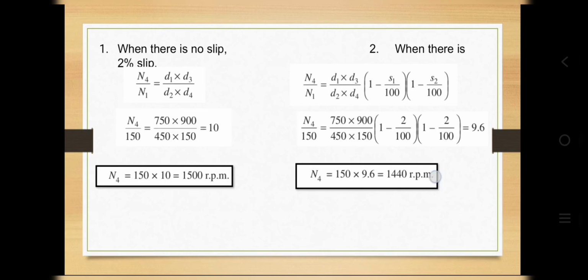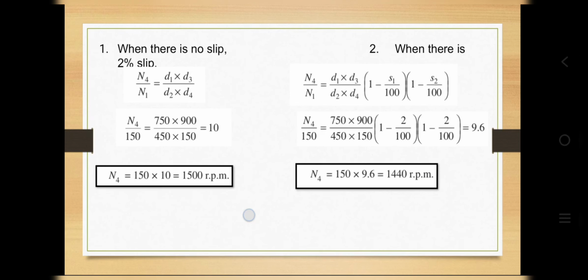So we solve and calculate. On the right hand side, we calculate and get the answer 9.6. So N4 divided by 150 equals 9.6. So 150 multiplied by 9.6, and N4 equals 1440 rpm.